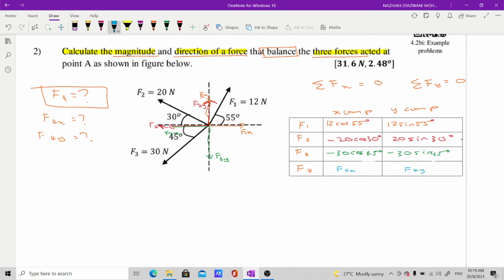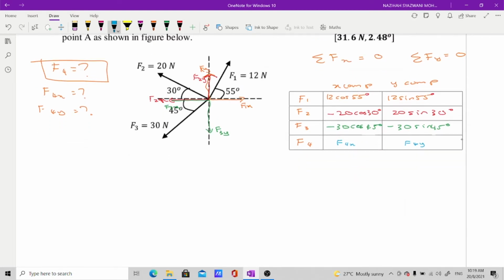So we are going to solve this using Newton's first law. Summation Fx equals 0. On the x component, we have 4 forces.